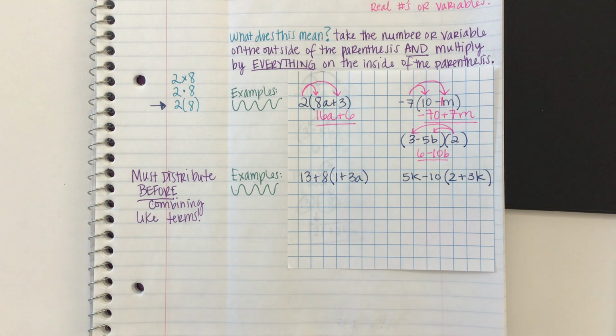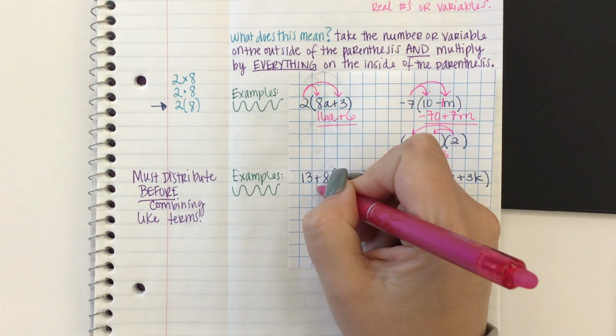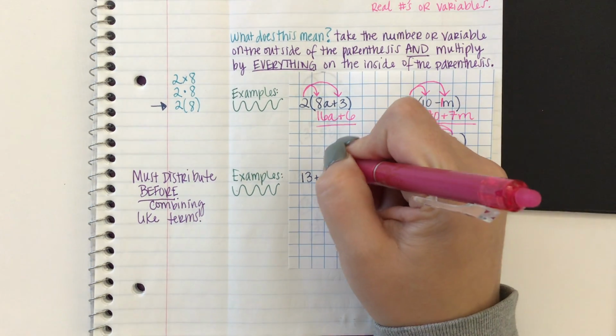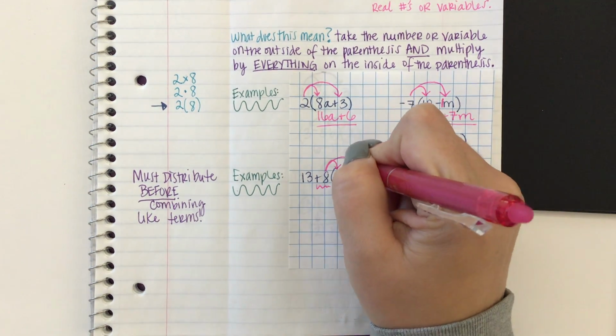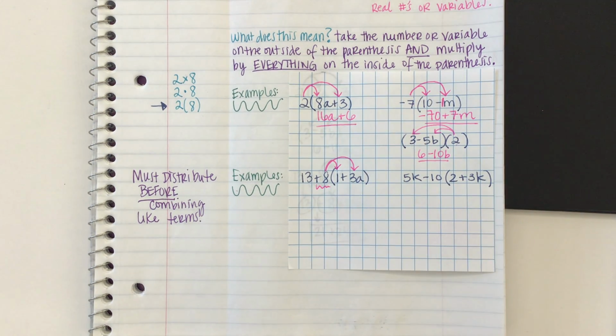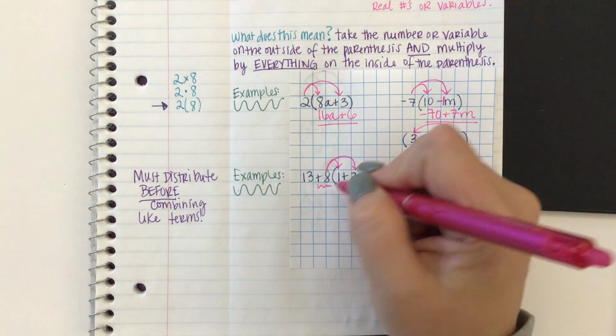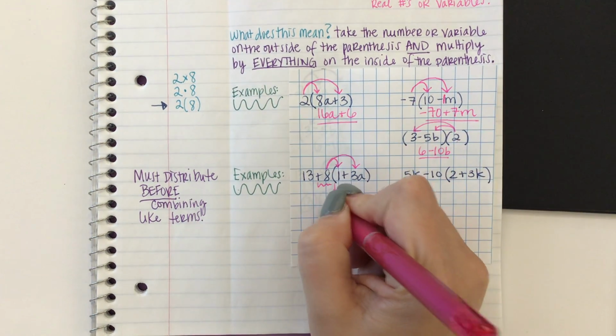So again, you take whatever's in front of your parentheses, directly in front. In this case, the positive 8. And you multiply it by everything inside your parentheses. So I have positive 8 times 1, which is positive 8.